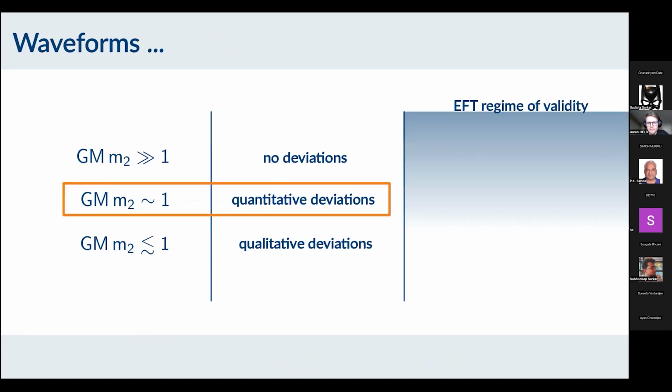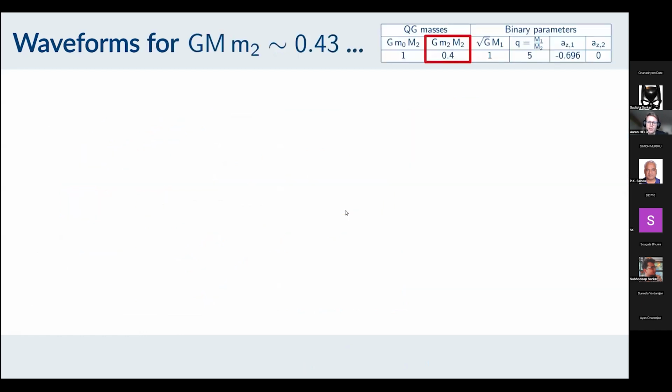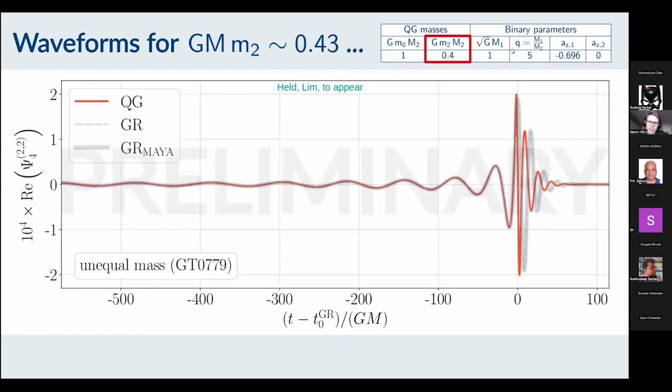All right. And now if you start to approach this regime, which you can also understand as going to shrink the black hole to be of almost Planckian size, then you start to see quantitative deviations. You can now put in numbers, and this is exactly the number where the linear instability sets on, and that is actually where you start to see deviations.